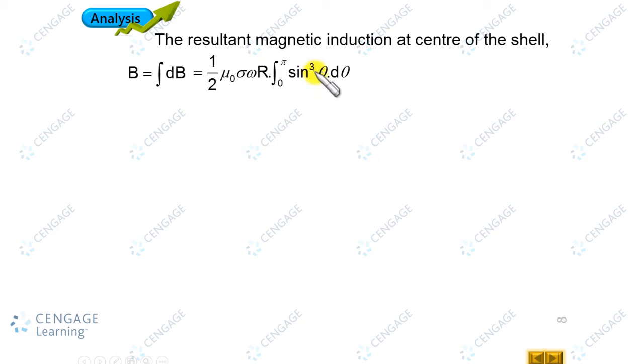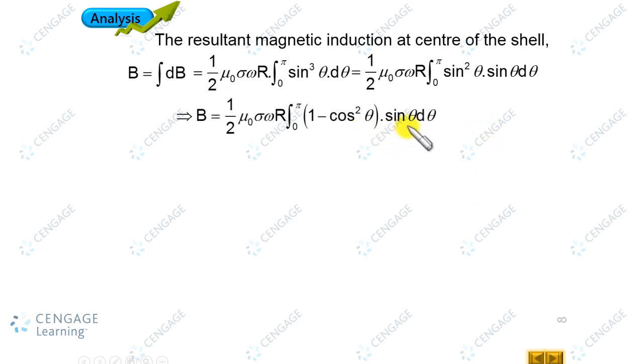Now we can write this sin cube theta as multiplication of sin square theta multiplied by sin theta, and this sin square theta can be written as 1 minus cos square theta. So this relation should be equal to 1 by 2 mu naught sigma omega r integral 0 to pi of 1 minus cos square theta multiplied by sin theta. Okay, and here this is the expression. Now we need to calculate this value.